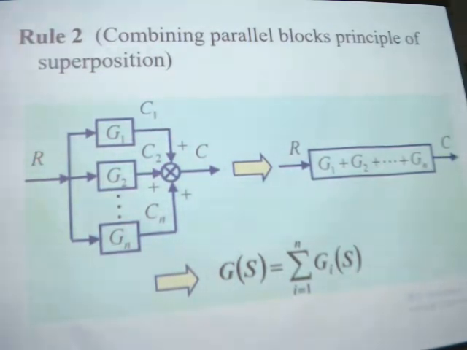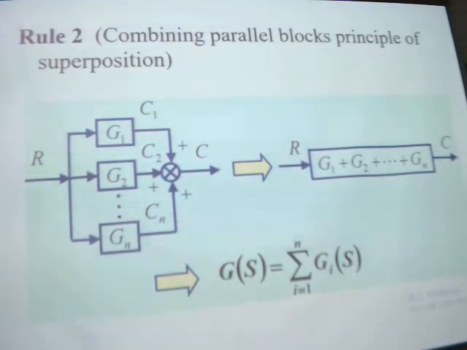Now C1 equals G1 R, C2 equals G2 R, and Cn equals Gn R. So C equals G1 plus G2 plus Gn, times R. So the transfer function of the complete system equals C by R, which equals G1 plus G2 plus Gn.